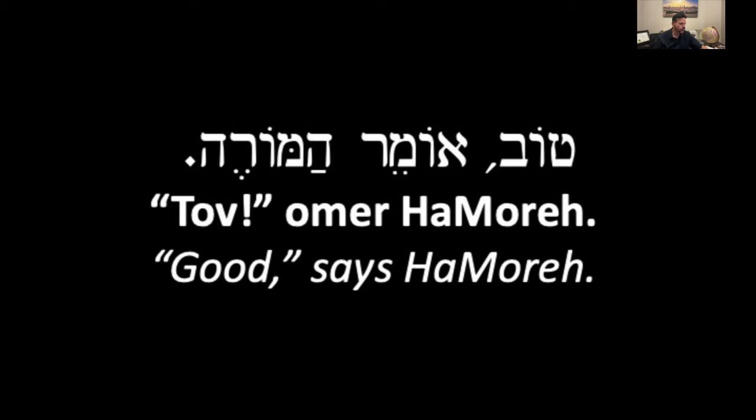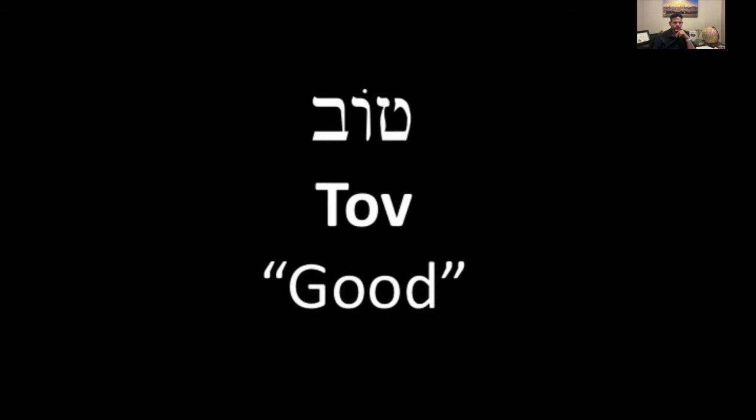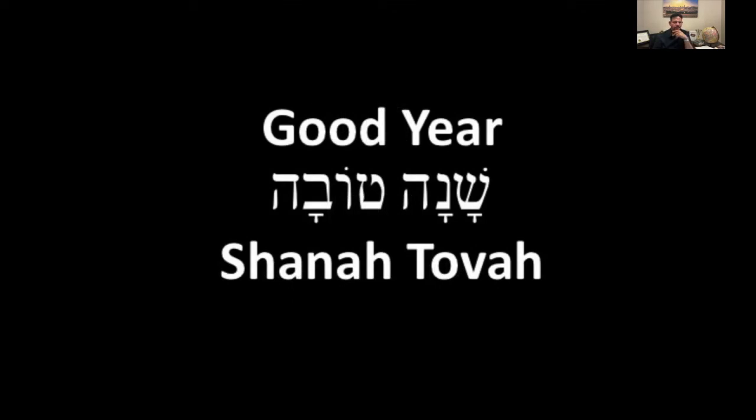So the word for good is tov. We use it all the time when we say that we want to have a good year. In the feminine form, tov becomes tova, and year is shana.